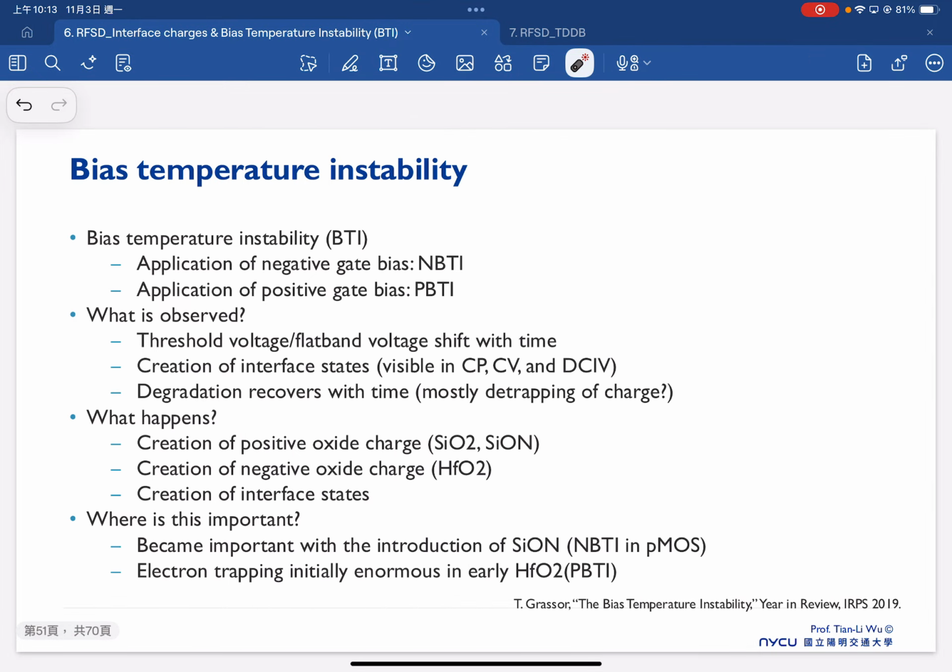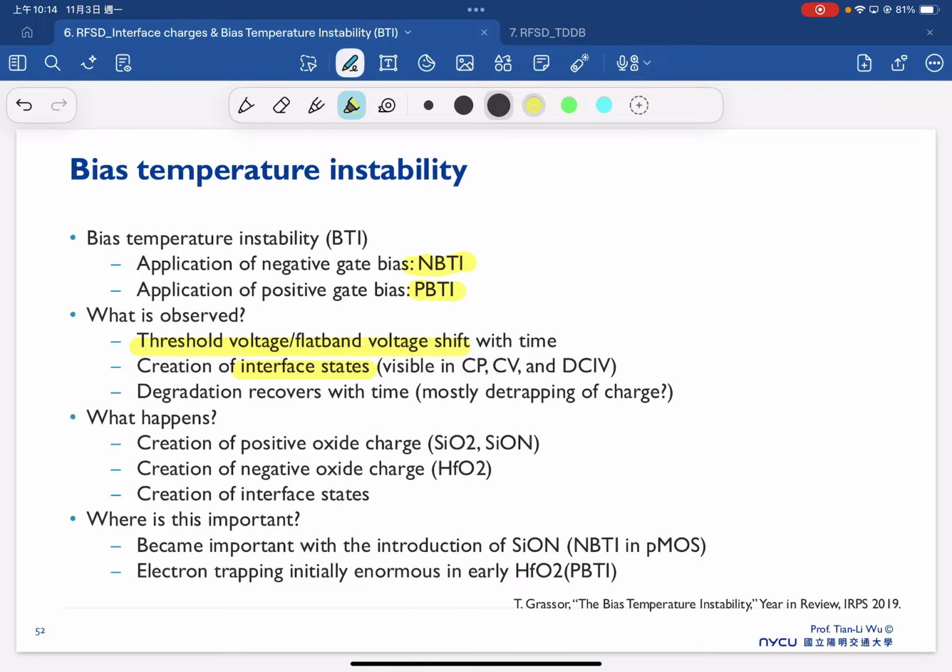So in general, bias temperature instability BTI can be considered as two cases. One is NBTI, another one is PBTI. And normally what we observe here is a threshold voltage or flatband voltage shift, and that can be due to the creation of interface states.